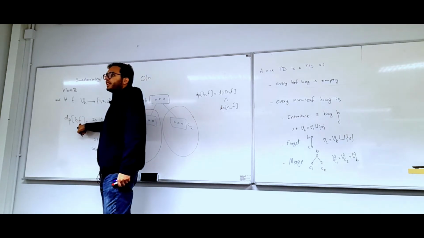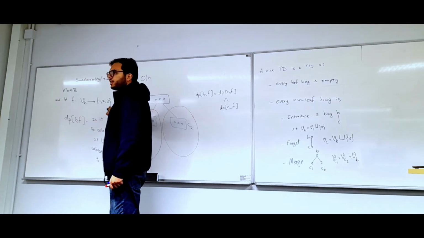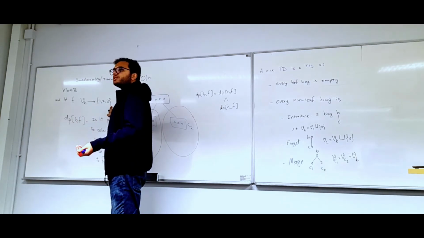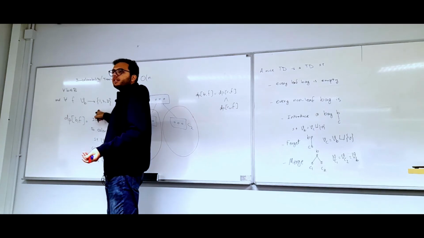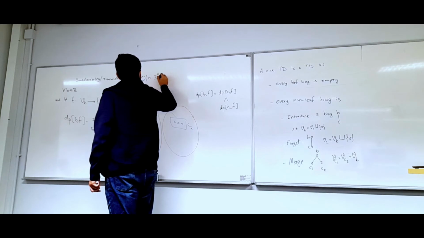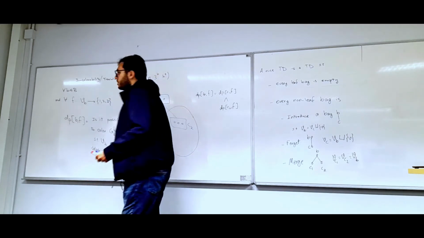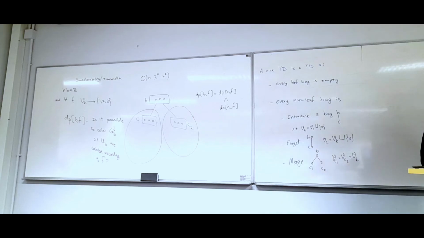How many functions f can I have? Every function f just maps the vertices in a bag to 3 colors. But I have at most k vertices, so I can have at most 3 to the power of k such functions. So it's just O of n times 3 to the power of k times k squared. And of course it's FPT and it's also linear and everything.